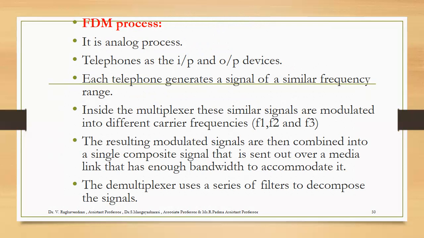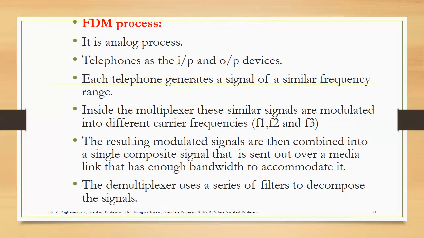Inside the multiplexer, these three similar signals are modulated onto different carrier frequencies, represented as F1, F2 and F3. The resulting modulated signals are combined into a single composite signal that is sent over a medium link that has enough bandwidth to accommodate that single composite signal.